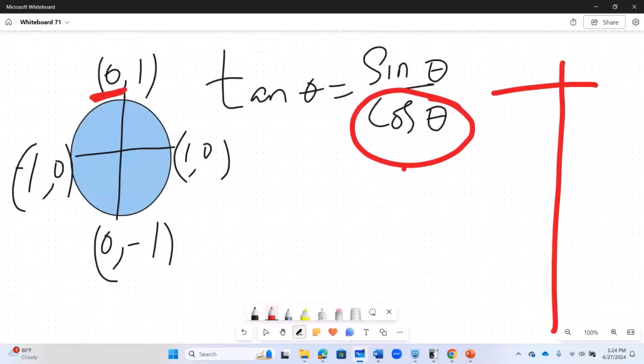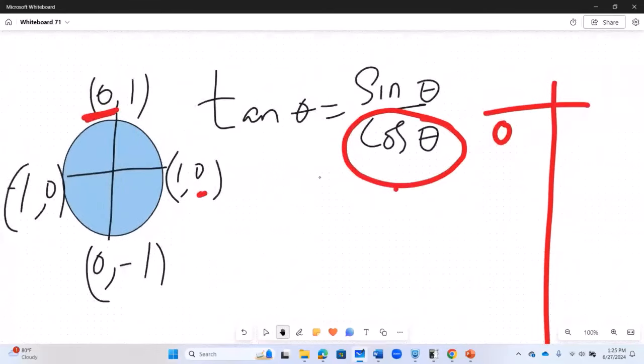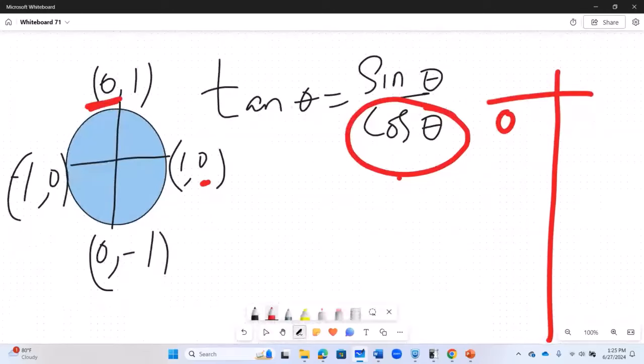We need to know them right now. So let's start from tangent of 0. Tangent of 0 is sine over cosine, 0 over 1, which is 0. So tan 0 is 0.